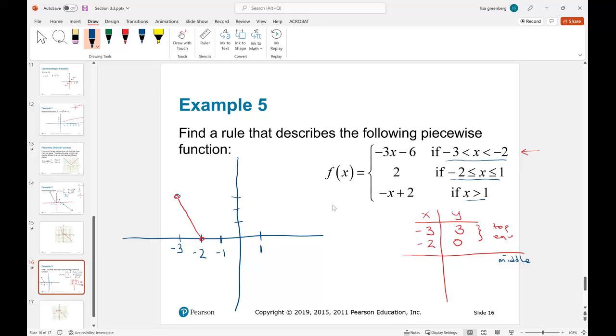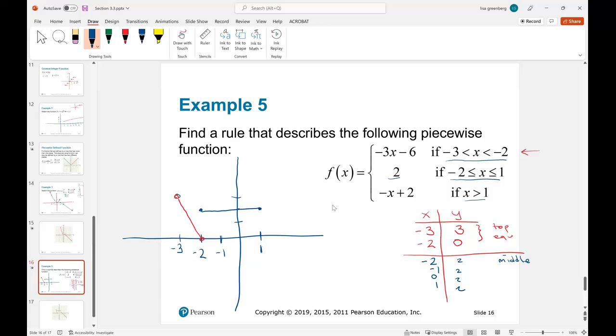So at -2, at -1, at 0, and at 1, all my values are 2 because I just used 2 for y. And again, because it has the equal sign, less than or equal, I include those points, and this is just a constant function, just a straight across line, okay?